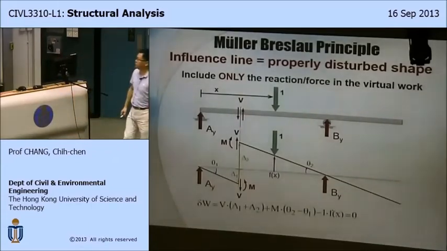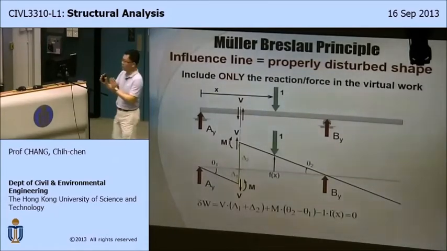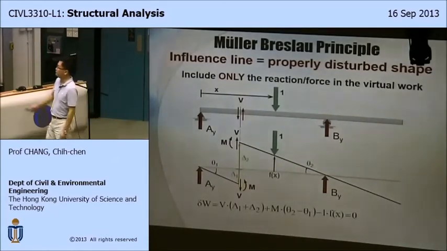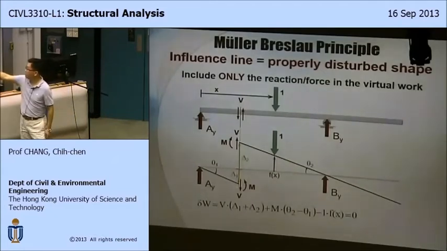So here is the virtual work. Just look at the forces one by one. This shear force is going to do work because this cross-section has been pushed down with this deformation, delta 1.